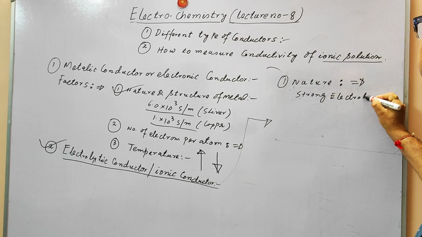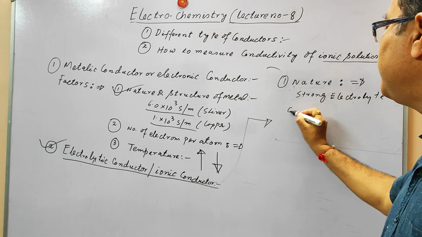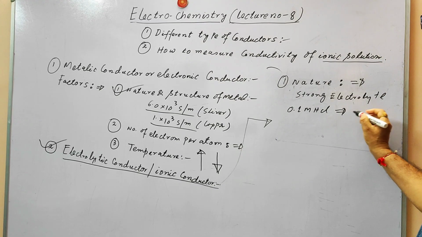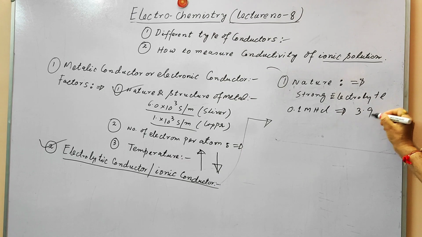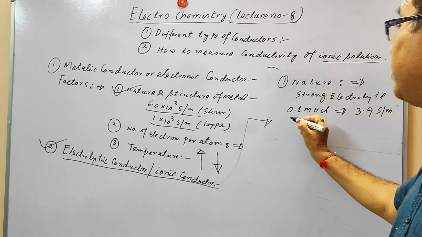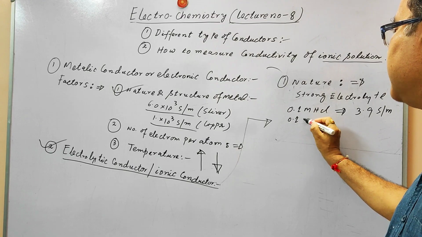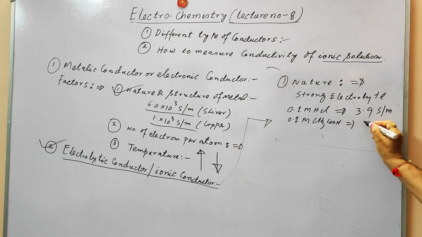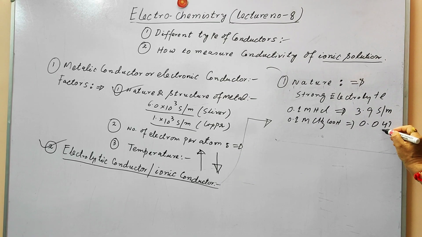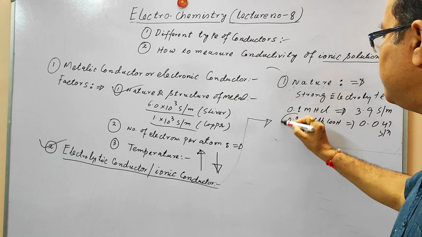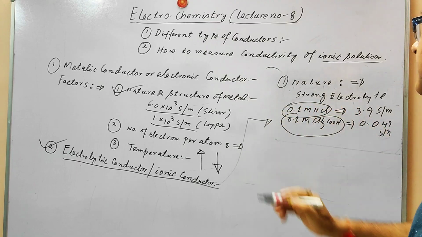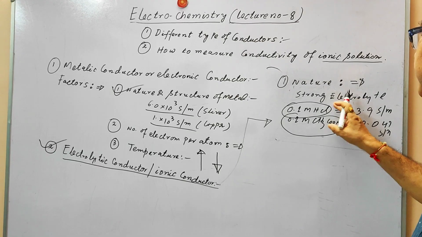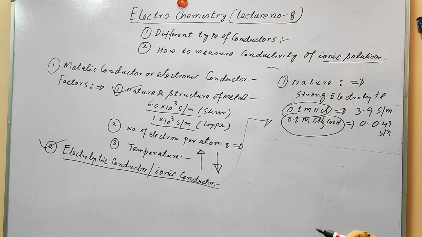As for example, 0.1 molar HCl solution has a conductivity found around 3.9 Siemens per meter, whereas 0.1 molar acetic acid has a very low 0.047 Siemens per meter. This is a weak electrolyte and this is a strong electrolyte, and that is why HCl has the higher conductivity and acetic acid the lower.